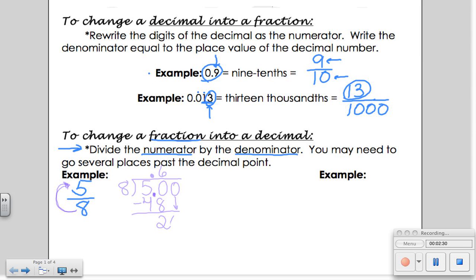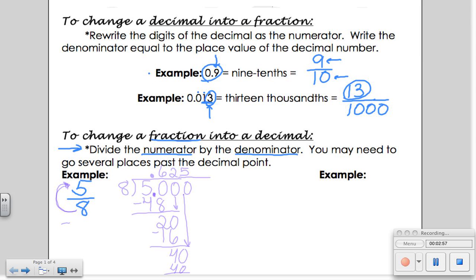I'm going to add a 0, bring that down. 8 goes into 20 2 times. Carry that out. 8 times 2 is 16. Subtract. It's 4. Add a 0. Bring that down. 8 goes into 40, a nice even 5 times. And that subtracts, and it works out very nicely.